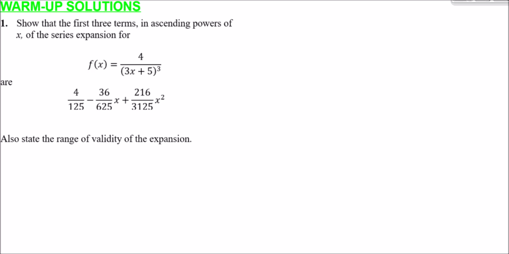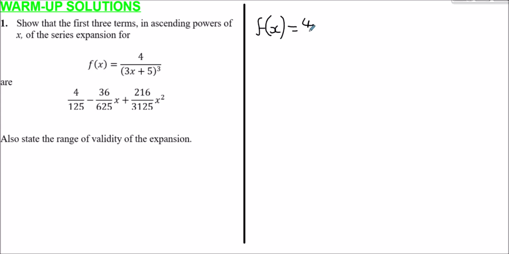So the first thing I'm going to do is just section off the question so I can write the answer with plenty of space. I'm going to rewrite f of x as a bracket with a negative power. So f of x, I can just rewrite it as 4 lots of (3x plus 5) to the power minus 3, because this bracket's on the bottom, so it's the same as to the power of minus 3.